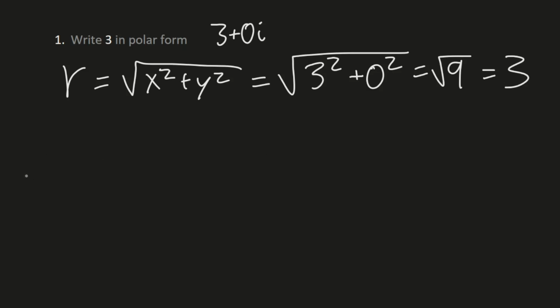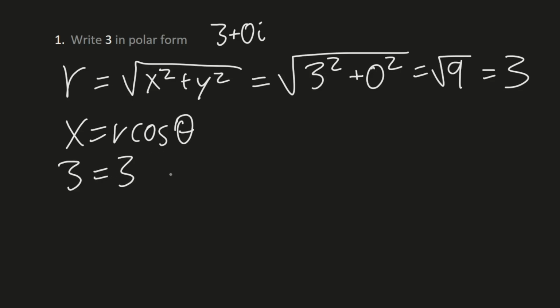Once we have that, I'm going to use one of my equations to solve for the argument, and I'm going to pick x is equal to r cos theta because we are given an x value. And so we can plug in our value for x, which is 3, and our value for r, which is 3 as well. Divide both sides by 3, and I get cosine of theta is equal to 1.